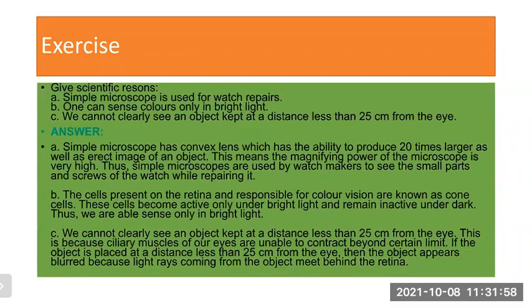Because in this case, the image is formed behind the retina, not on the retina. But if you keep the book at a distance of 25 centimeters, then the image will be formed on the retina and we will be able to see the object clearly. This is the reason we cannot clearly see an object kept at a distance less than 25 centimeters from the eye. Got it?